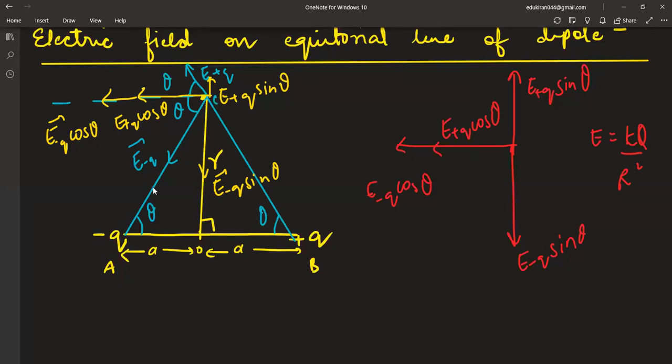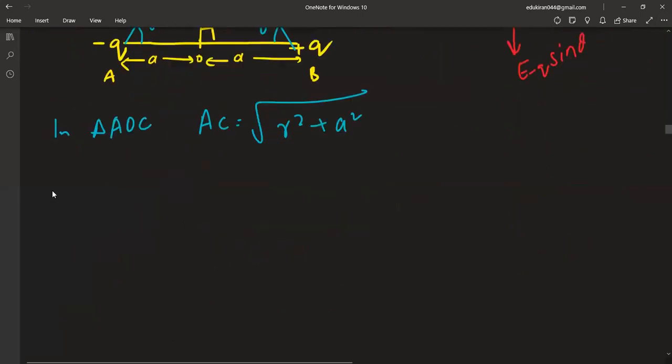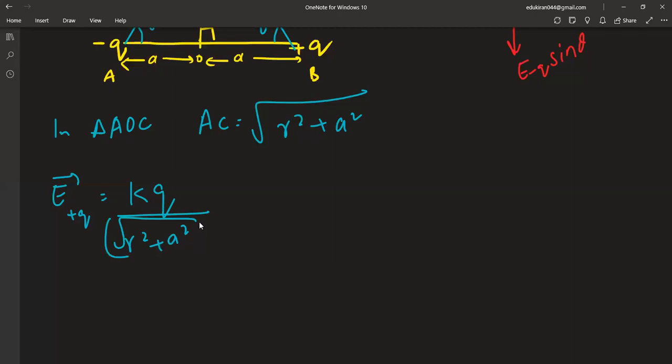So AOC, what is AC? In triangle AOC, this is the hypotenuse. So AC will be equal to under root R square plus A square. Right? So we have the separation also. Now see, E plus Q will be what? KQ by under root R square plus A square, to the power square.